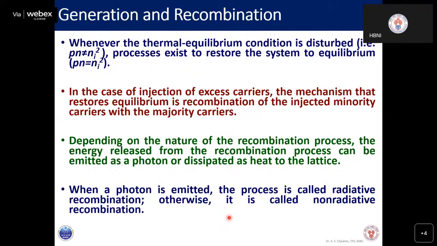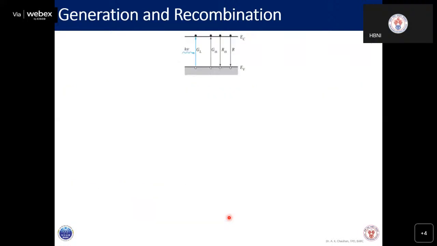When a photon is emitted, the process is called radiative recombination. Otherwise, it is called non-radiative recombination. So when you observe a photon out of this recombination, this process is radiative. And if you are getting only heat, the process is non-radiative.